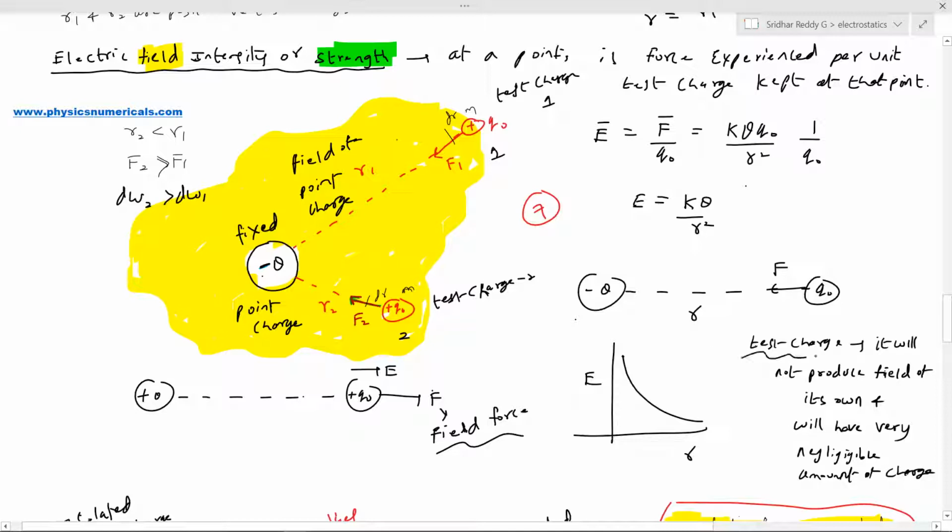It's an idealization, nothing practical. Ideally we are introducing what is called a test charge.